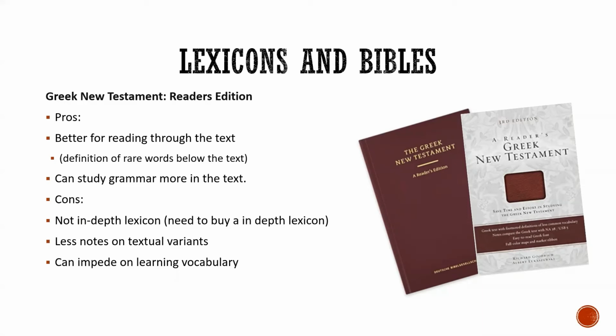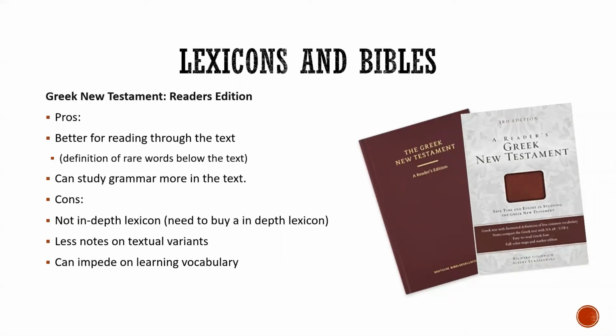Second of all, this is a lot better for finding the basic definition of the words instead of going through a more in-depth study of the words. It'll be a lot easier to do more grammar studies in the text.